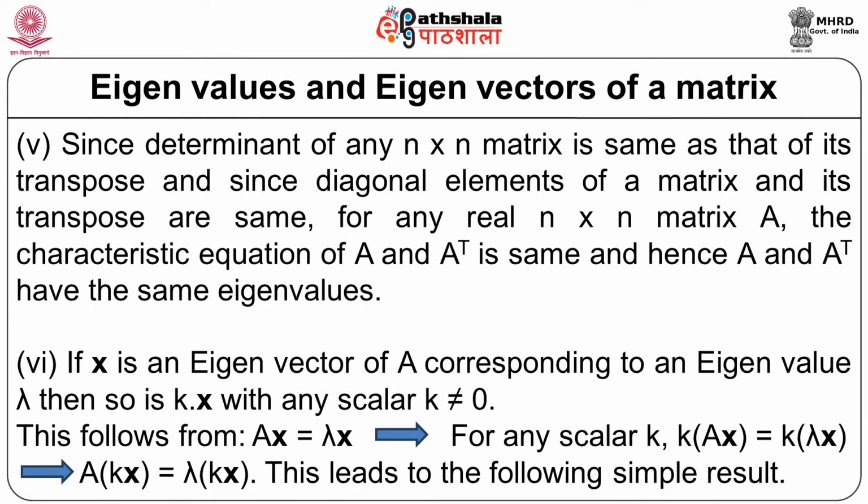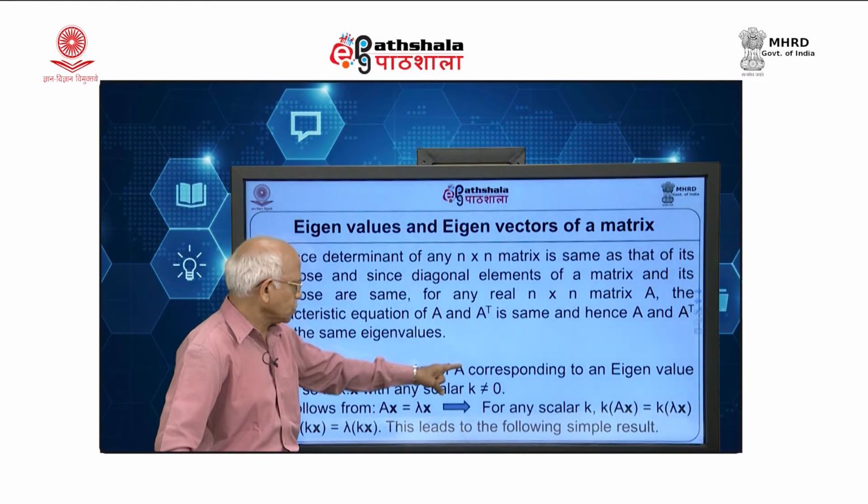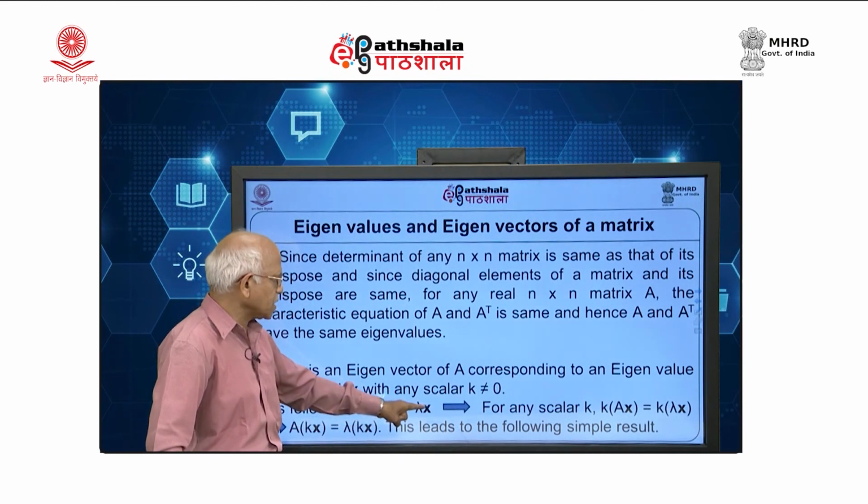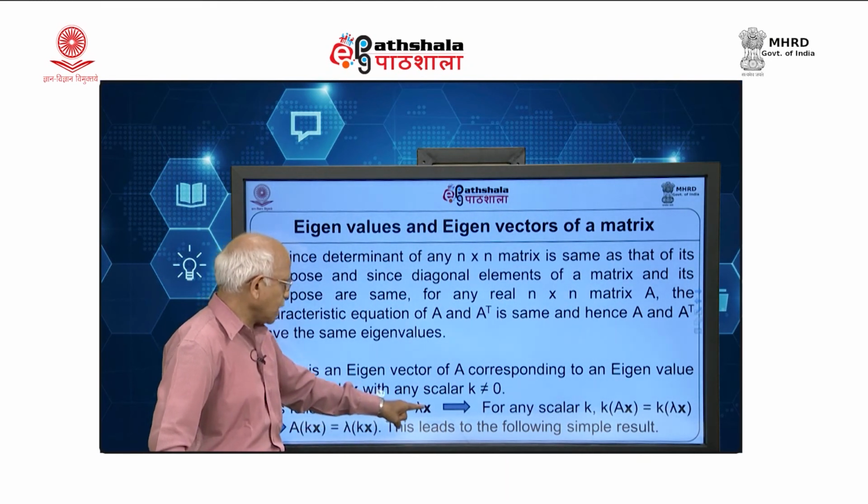The next one is that if x bar is an eigenvector of A corresponding to an eigenvalue lambda, then any scalar multiple of x bar, so k x bar with any scalar k not equal to 0, will also be an eigenvector of A corresponding to lambda, and this can be seen very easily. If lambda is an eigenvalue and x bar is an eigenvector, then A x bar is equal to lambda x bar.